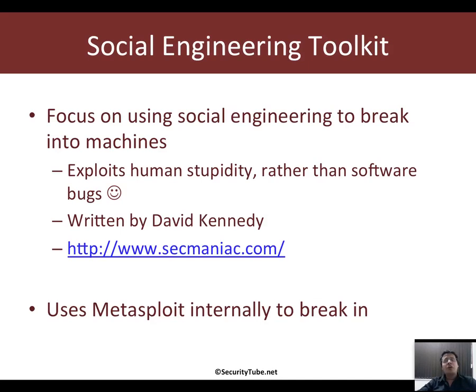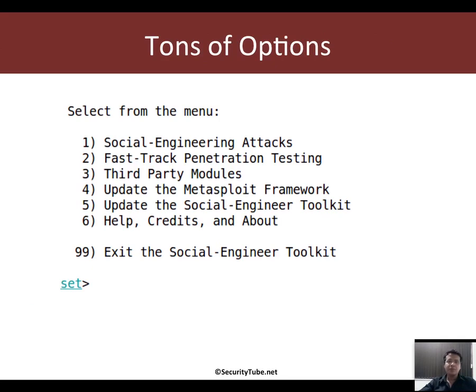Why are we talking about the Social Engineering Toolkit, or SET, here? Because internally it uses Metasploit to actually go ahead and break in. All the exploits are packaged in such a way that in the end you can get a Meterpreter shell in most cases. This tool has tons of options.